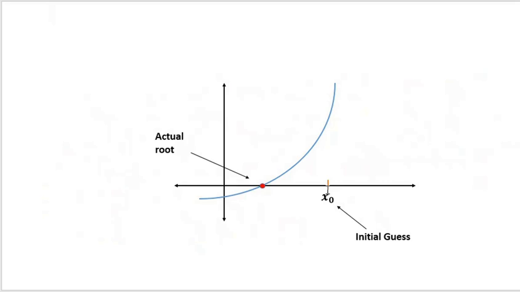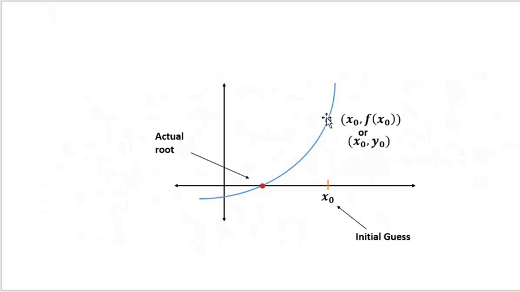You simply assume that this is your approximate root, the first guess. Since your goal is to find the exact root, but you don't know the exact value in advance and you don't have the curve, you simply choose an initial point and assume that this is your approximate root.